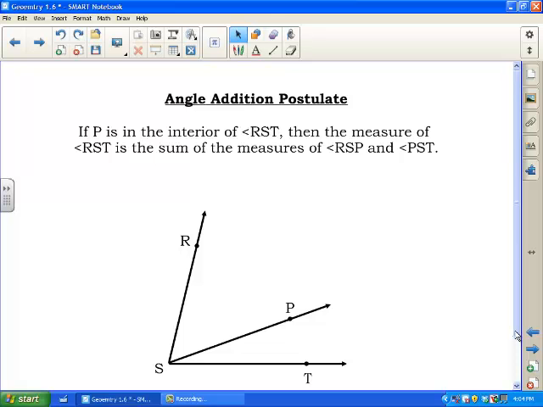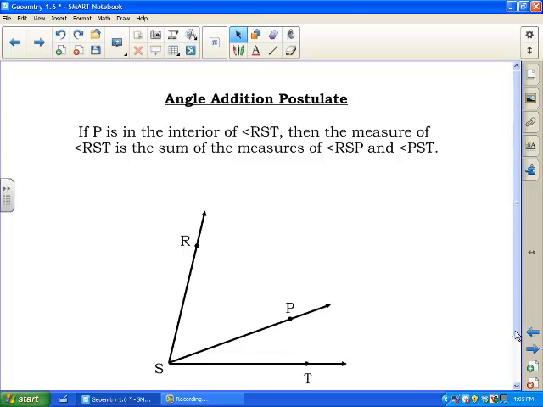Now for the really fun stuff, the angle addition postulate. Think back to lesson 1.5. Remember the segment addition postulate? Using what you know about that postulate and a little inductive reasoning, can you make a hypothesis about this next postulate? Hopefully you're guessing that we'll be adding two angles together to make a larger angle, in which case you'd be right.